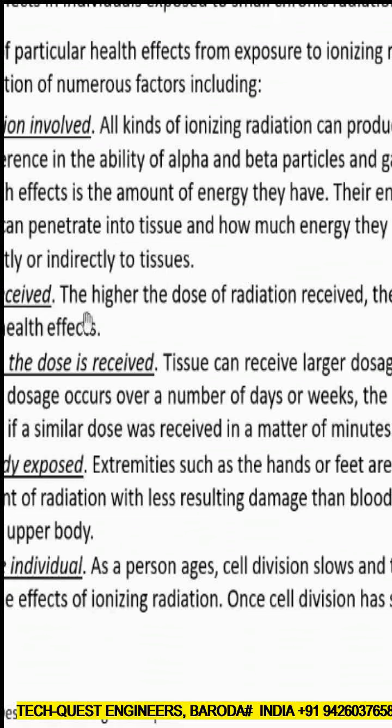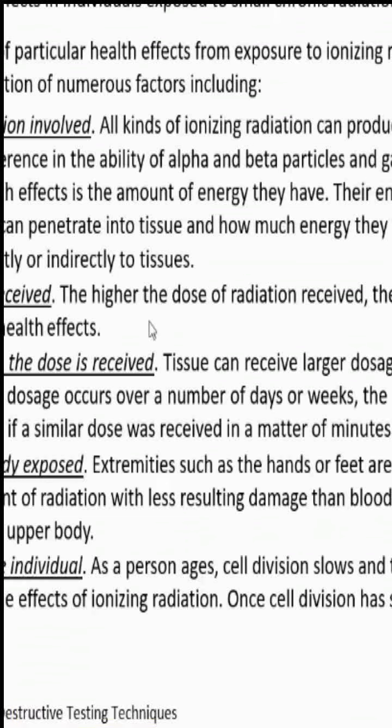Size of dose received: the higher the dose of radiation received, the higher the likelihood of health effect, that is, the higher the risk. It is very simple. Higher the radiation dose, higher is the risk of getting affected in the form of one or the other disease. And mainly the disease that we are talking about is cancerous cells, development of cancerous cells, or in medical language mutant cells, mutation.